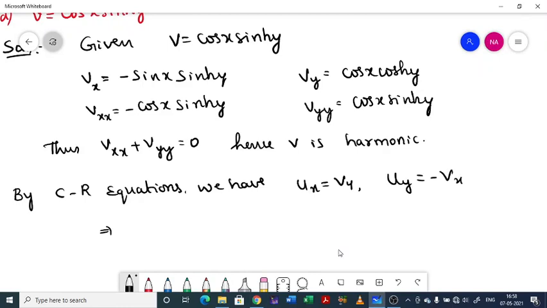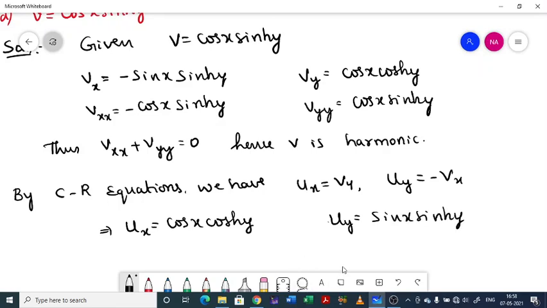So that implies u x will be v y, that is cos x cos hyperbolic y, and u y will be minus v x, that is sin x sin hyperbolic y. So you got u x and u y.